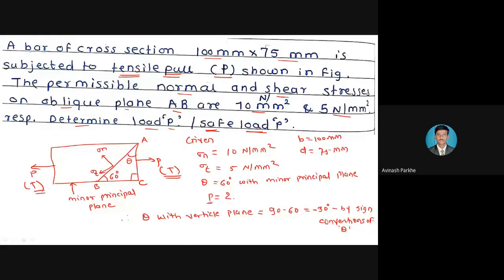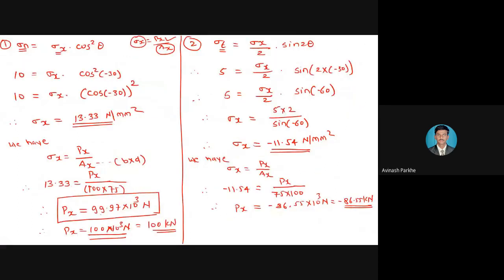But by using the normal stress formula, you got the answer 99.97 into 10 raised to 3. This is positive. In the second case, you got the negative answer because as per the sign conventions, we have taken this particular theta as negative. That's why you got the answer as minus 86.55 kilonewton.